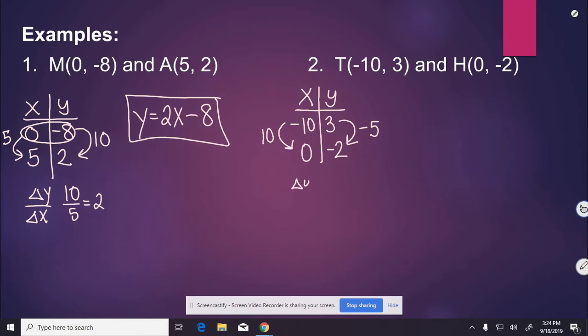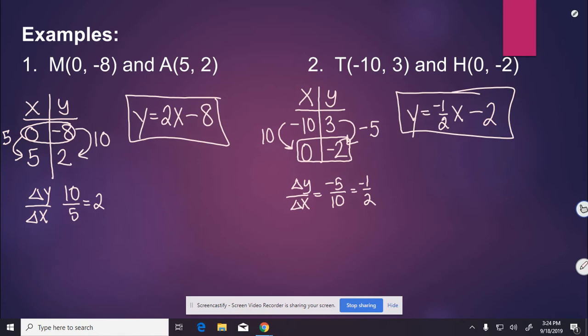So my change in y over change in x is -5 over 10, which is equal to -1/2. So we start our equation, y equals -1/2 x, and once again, (0, -2) is the y-intercept, so it's y equals -1/2 x minus 2. Done.